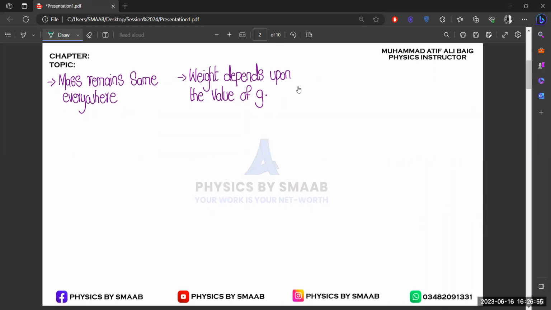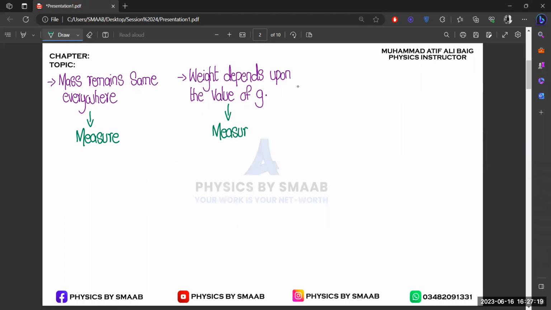And one more important thing is how we measure mass and weight. We now know there is a difference between mass and weight, so we have to measure both quantities with different measuring instruments, right? So if we want to measure mass, how are we going to measure mass and how are we going to measure weight?